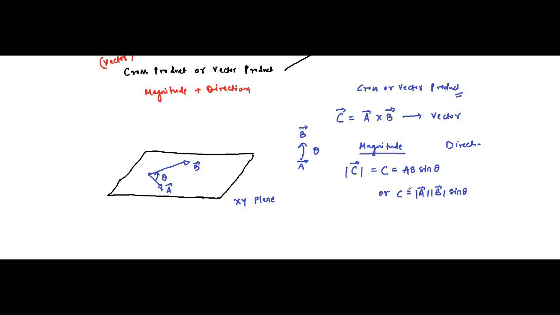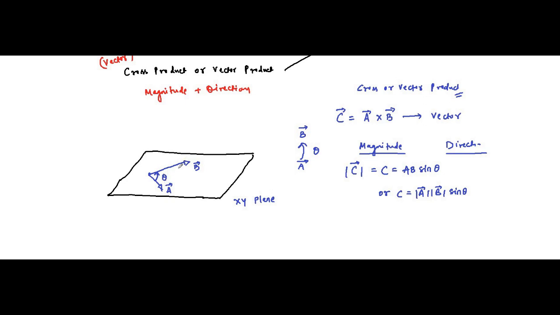Now the most important part, which is direction. What will be the direction of this vector? Now the direction of this vector will be in a direction which is perpendicular to the plane, or perpendicular to both A vector and B vector.